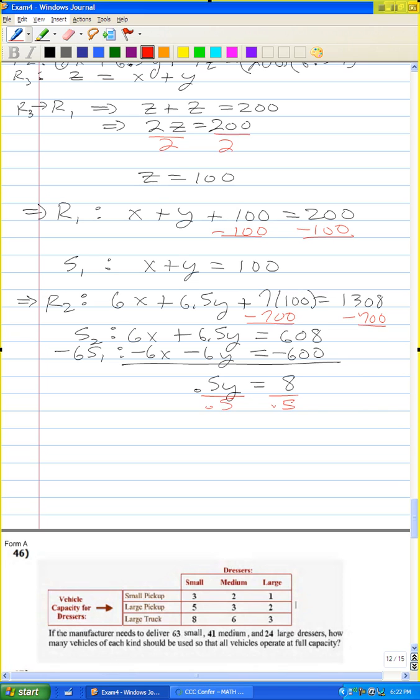So Y is equal to 16. And so from S1, I get X plus 16 is 100. So subtracting 16 from both sides, I get X is 84.